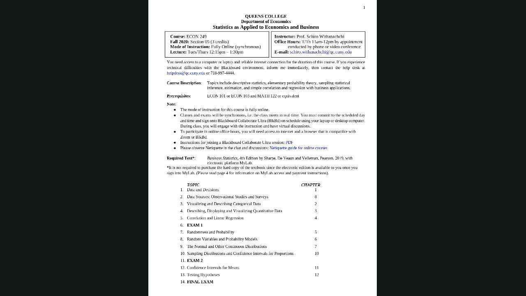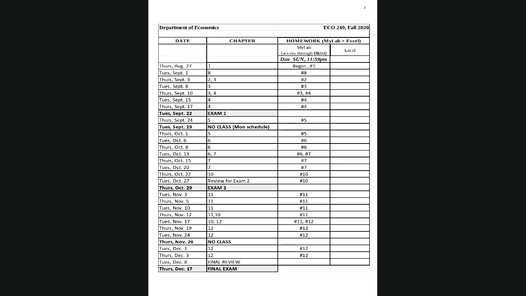If I look at the schedule on our syllabus, you can see that exam 1 is going to be on Tuesday, September 22nd. I'll talk more about the exam later, but it will be on MyStatLab, the same place where you do the homeworks, for the same amount of class time, from 12:15 to 1:30.